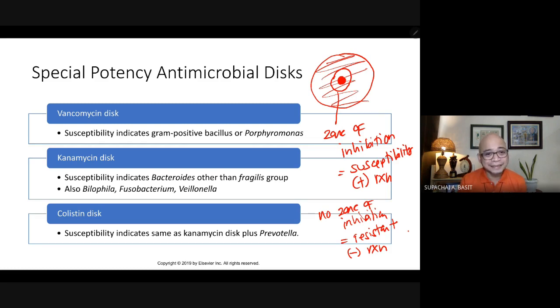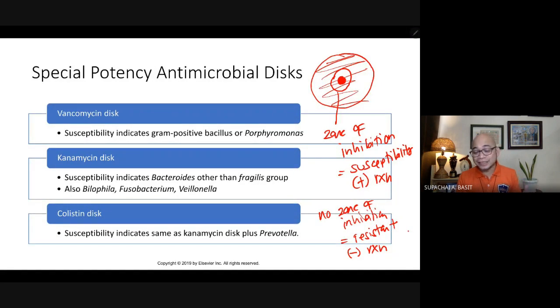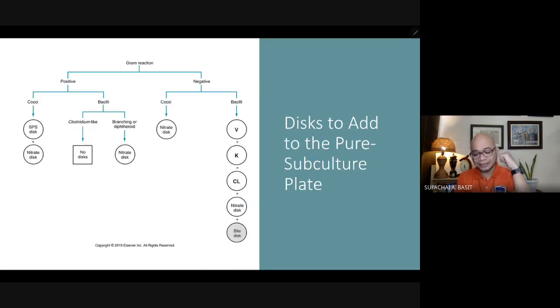For the kanamycin disk, susceptibility indicates the presence of Bacteroides and other fragilis group, also Bilophila, Fusobacterium, and Veillonella. For the colistin disk, susceptibility indicates the same interpretation as kanamycin, but we include also Prevotella for this particular sensitivity test.